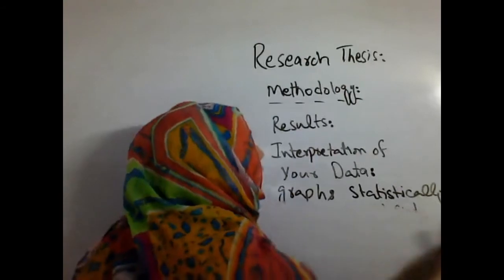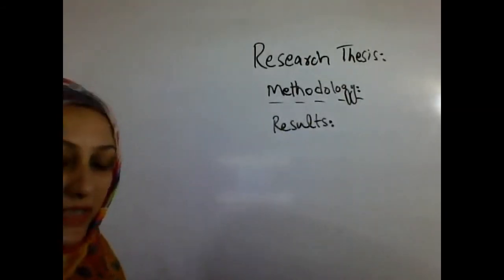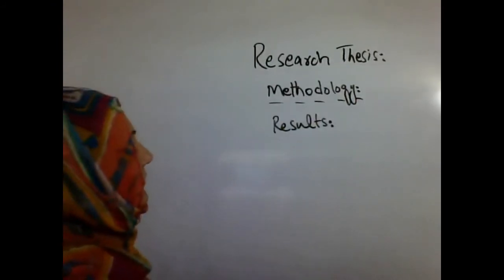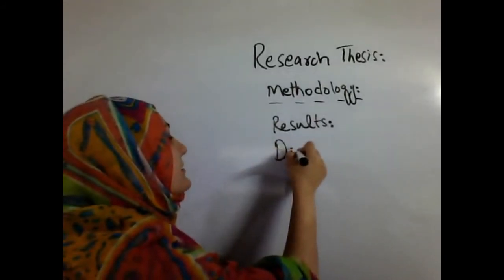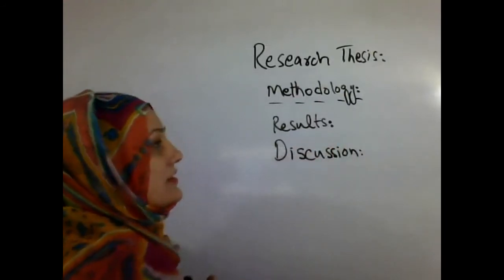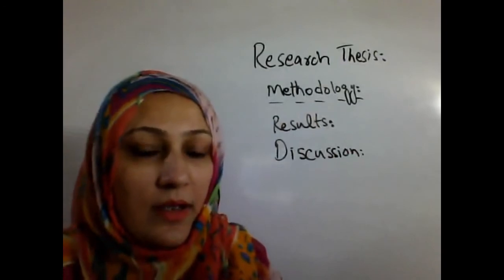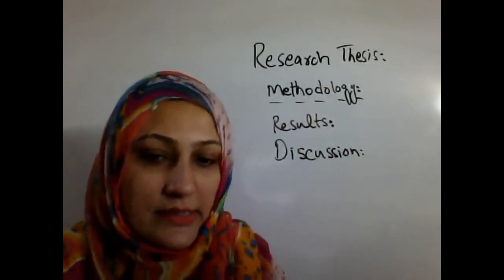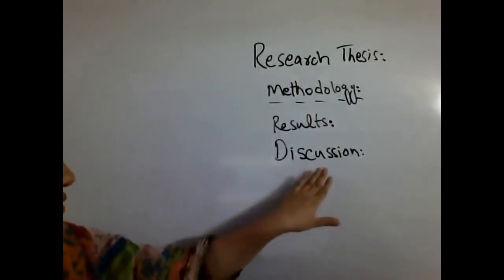When you give all your data interpreted in the forms of graphs, tables, figures, gels, anything, then you should discuss it. Next part is the discussion, in which you discuss your results with other people's results.